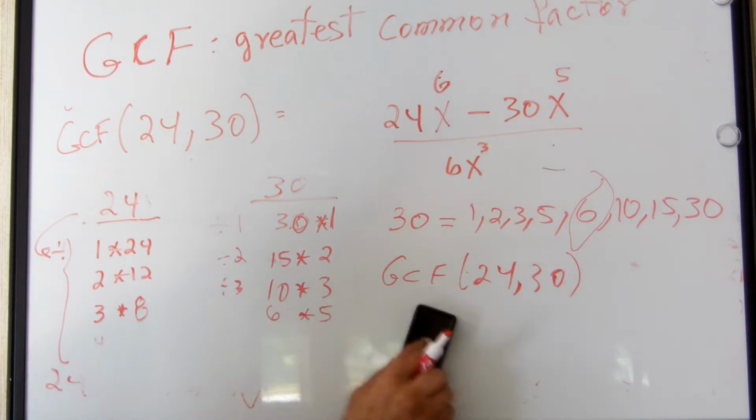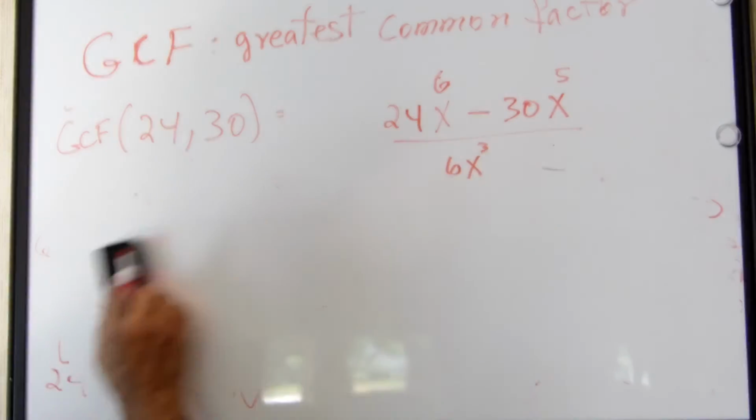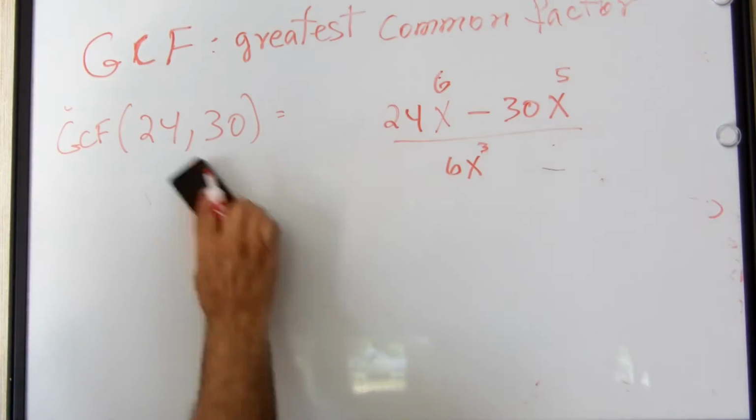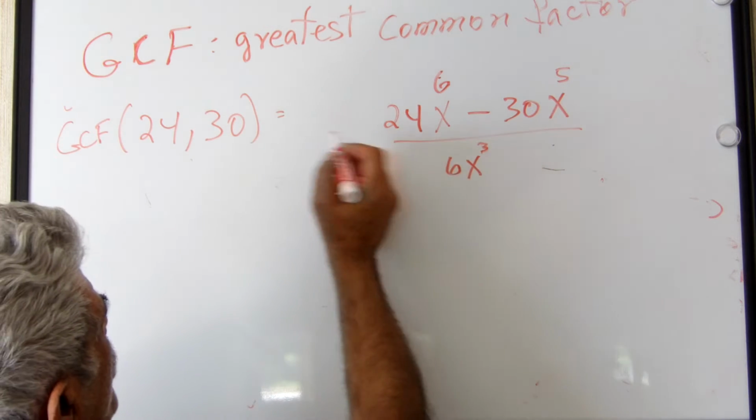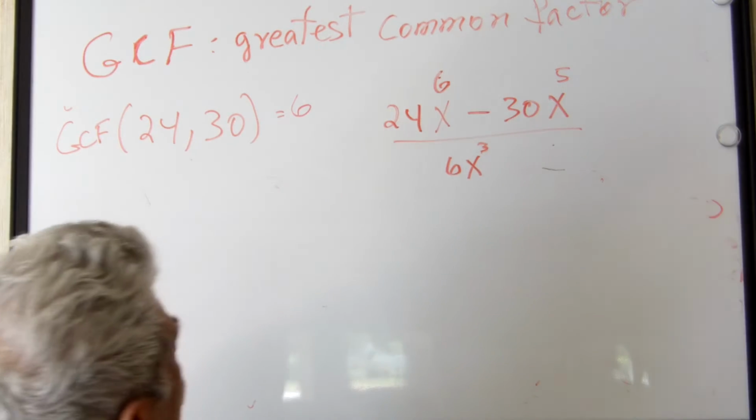Now let's finish this one. We were talking about simplifying this expression. The GCF of 24 and 30 was 6.